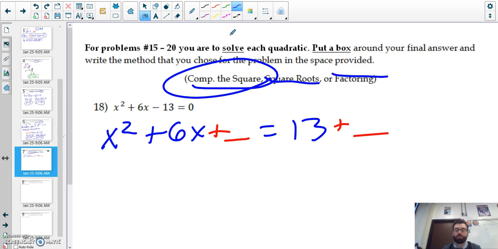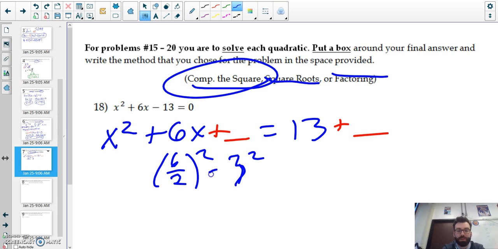Remember, when I complete the square, I take my b term and divide it by 2. My b term is 6. Again, you might be able to do this in your head, that's fine. 6 over 2, and I square that. Well, 6 divided by 2 is 3. 3 squared gives me 9.